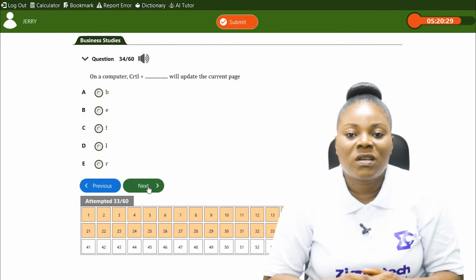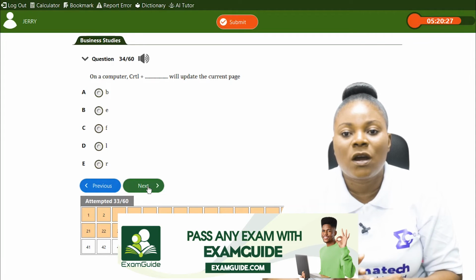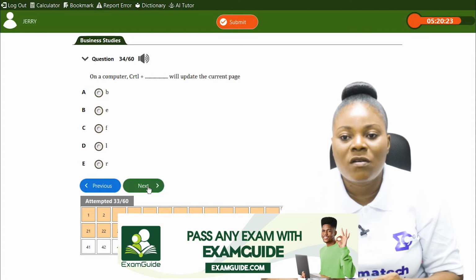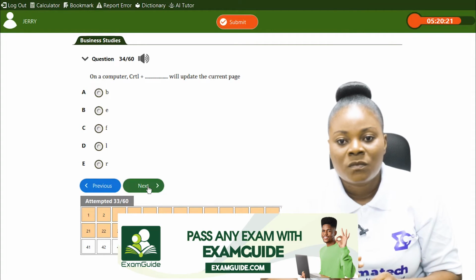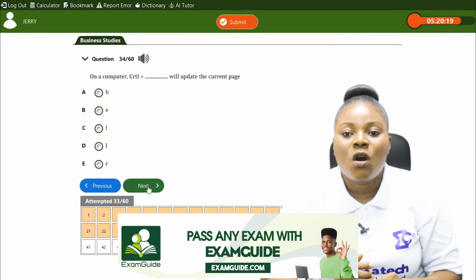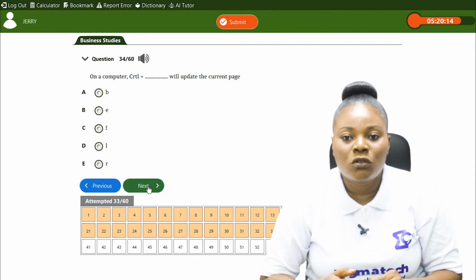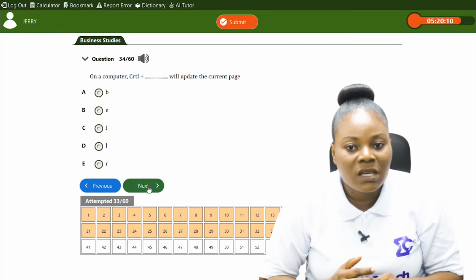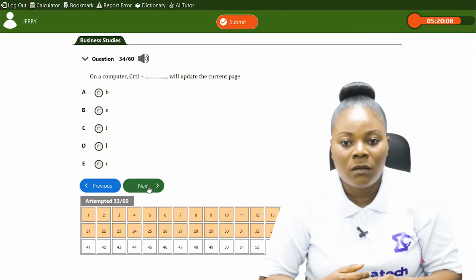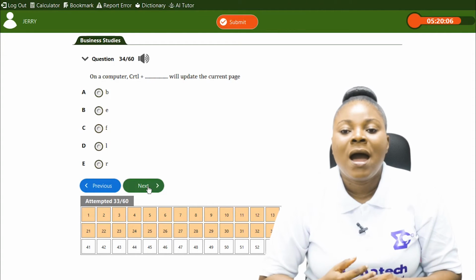The next question, question 34, says, on a computer, Control- will update the current page. This is another shortcut. Is it Control B, Control E, Control T, Control L or Control R?